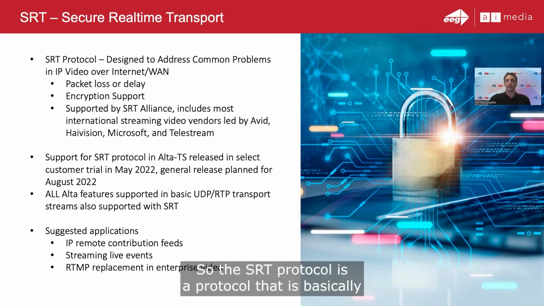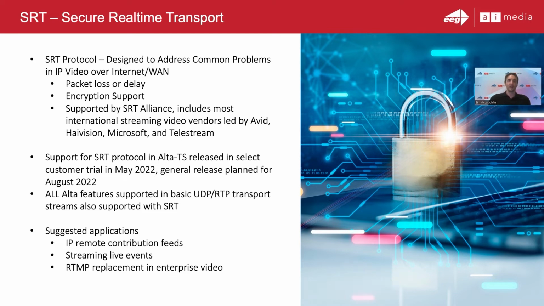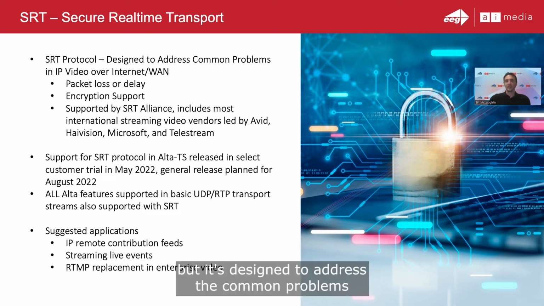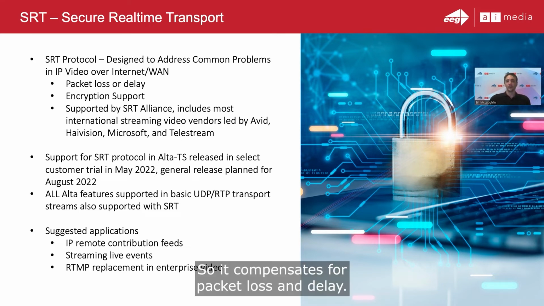The SRT protocol is basically similar to MPEG transport streams, but it's designed to address the common problems that you can see pushing those streams a long distance or over lossy networks, like over the public internet especially. So it compensates for packet loss and delay.